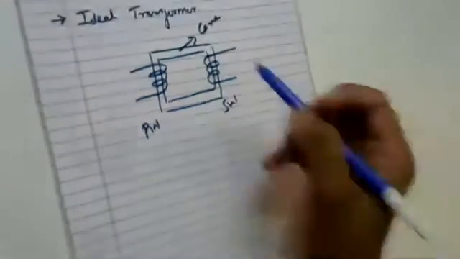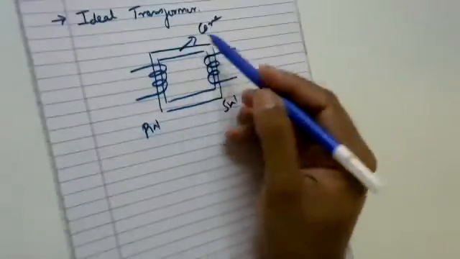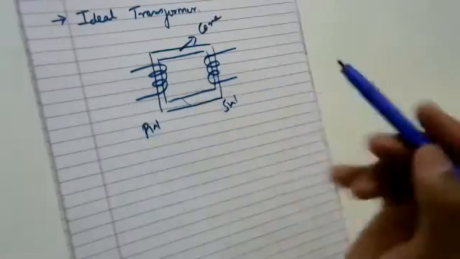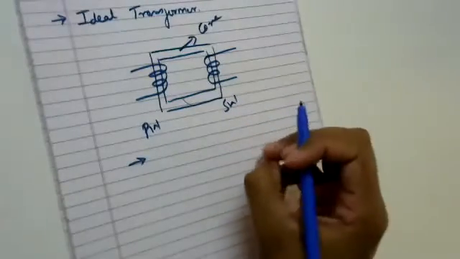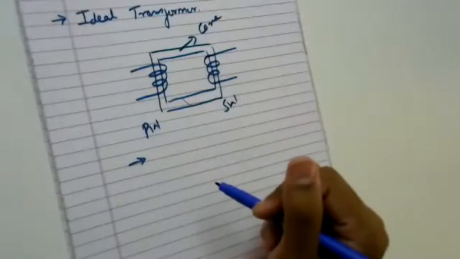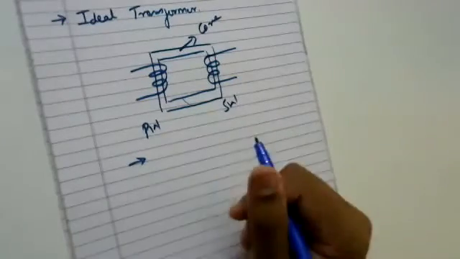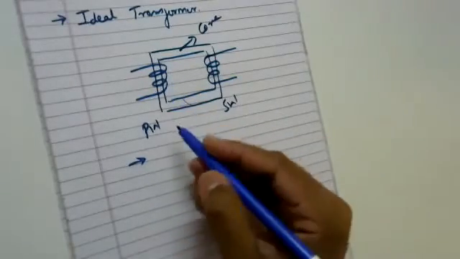Now, we can call this transformer an ideal transformer provided we neglect the resistance offered by the winding.